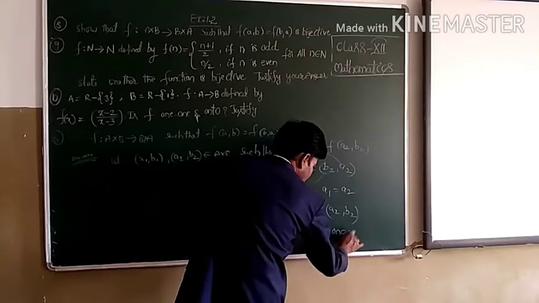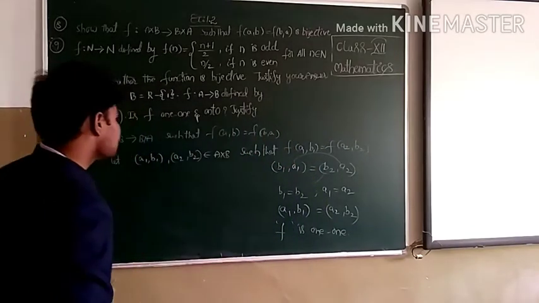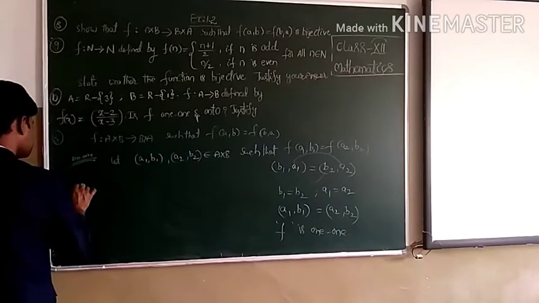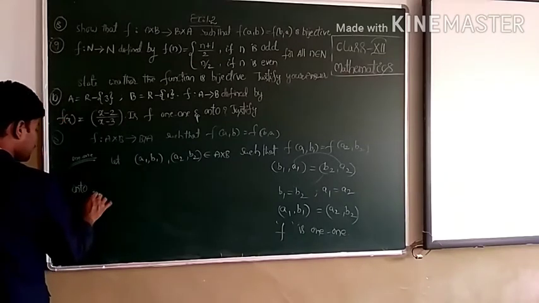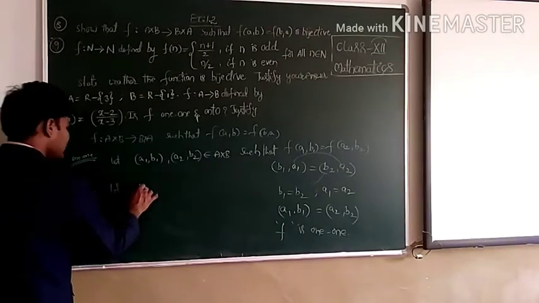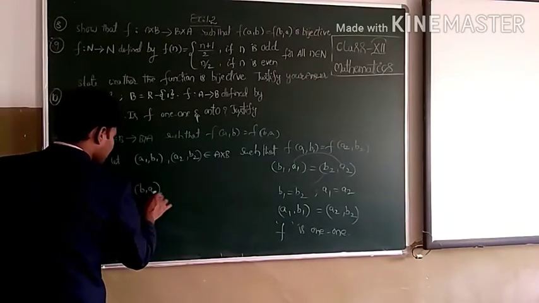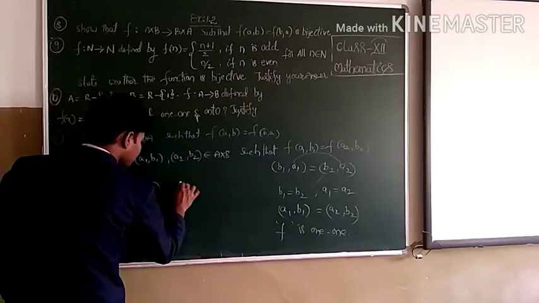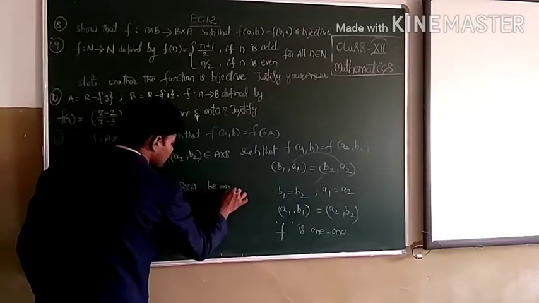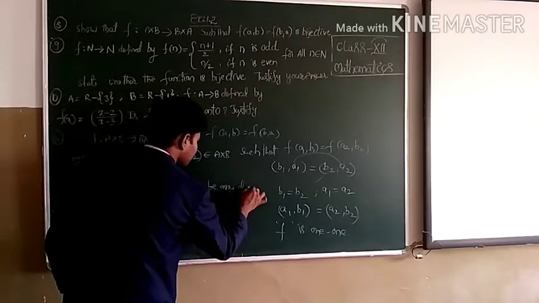Now let's see onto function. For onto function, let (B, A) belongs to B cross A be any element.